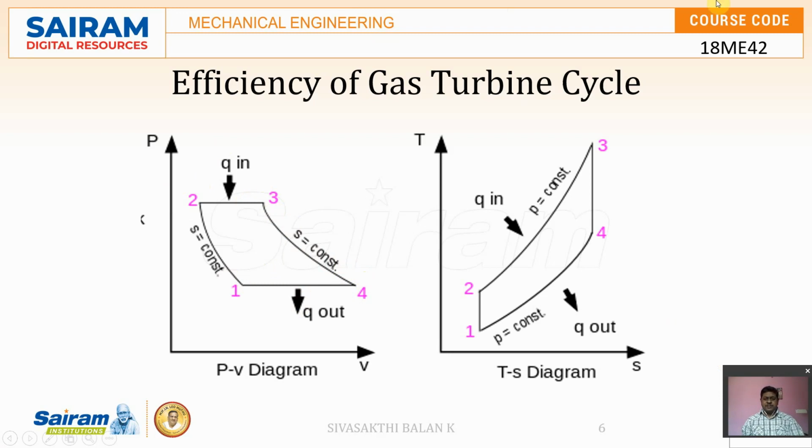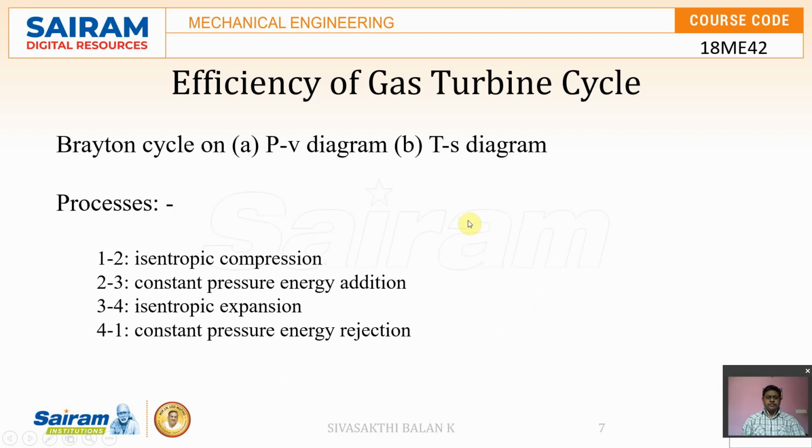You can easily observe the difference: heat addition takes place when pressure remains constant, and heat rejection also takes place when pressure remains constant, in the TS diagram as well as the PV diagram. So the four processes are isentropic compression, constant pressure energy addition, isentropic expansion, and constant pressure heat rejection.